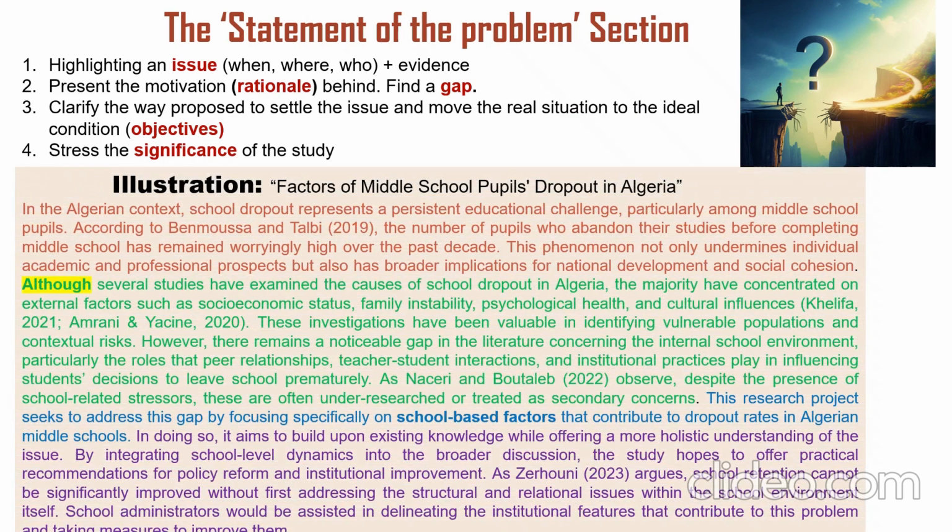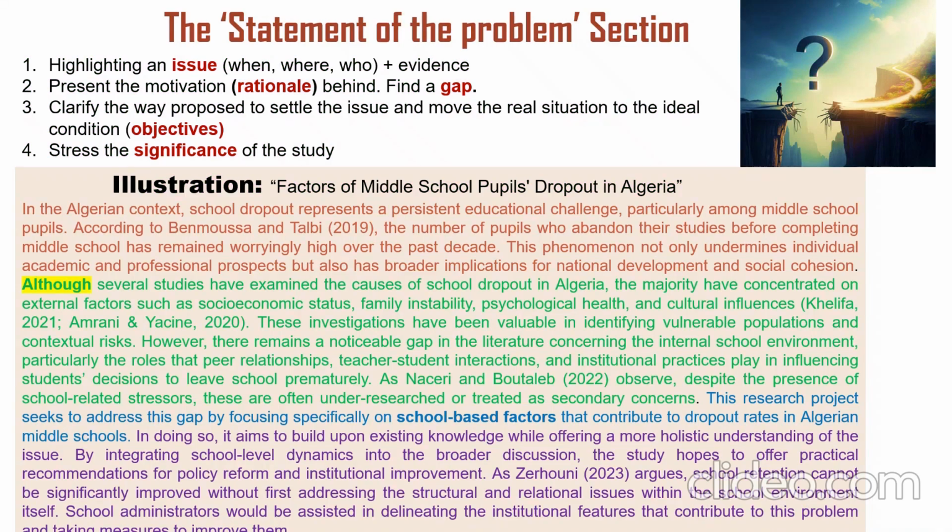Let's take an illustration. This is the title of the study: Factors of Middle School Pupils Dropout in Algeria. The text reads: in the Algerian context, school dropout represents a persistent educational challenge, particularly among middle school pupils.